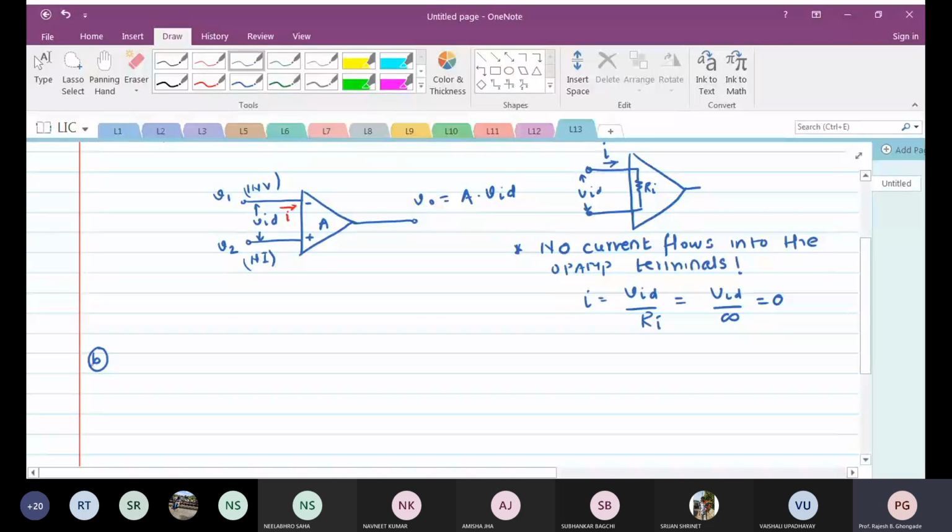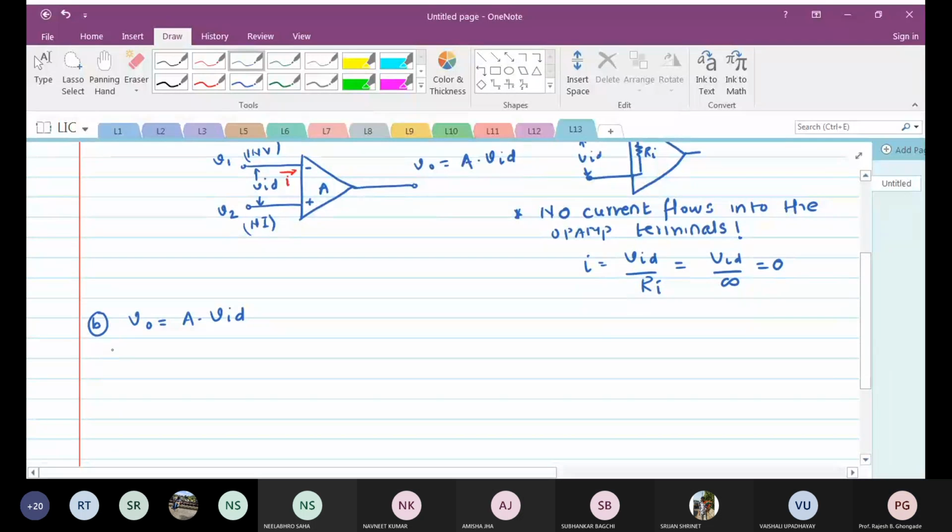Now concentrate on the output side. We have VO, that is the output voltage, given as A into VID. Now what is this A, the large signal voltage gain, of an ideal op-amp? What is the value of A for an ideal op-amp? Yesterday we have seen that. It is infinity, right?